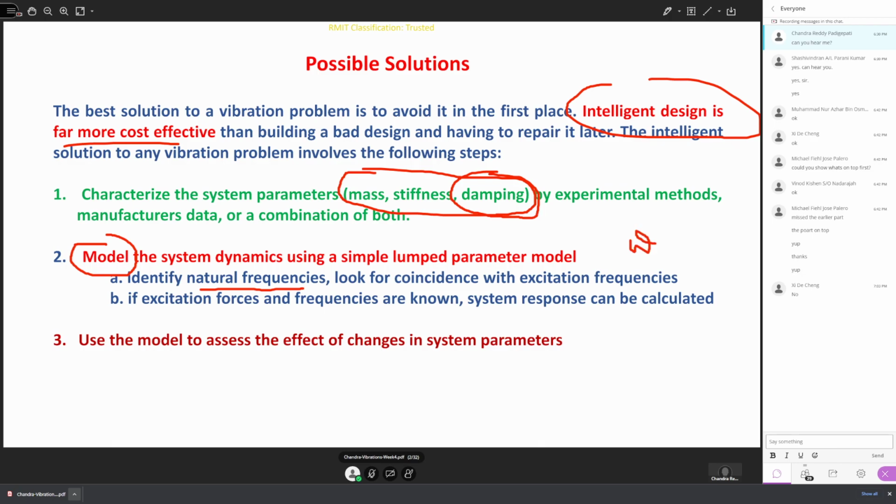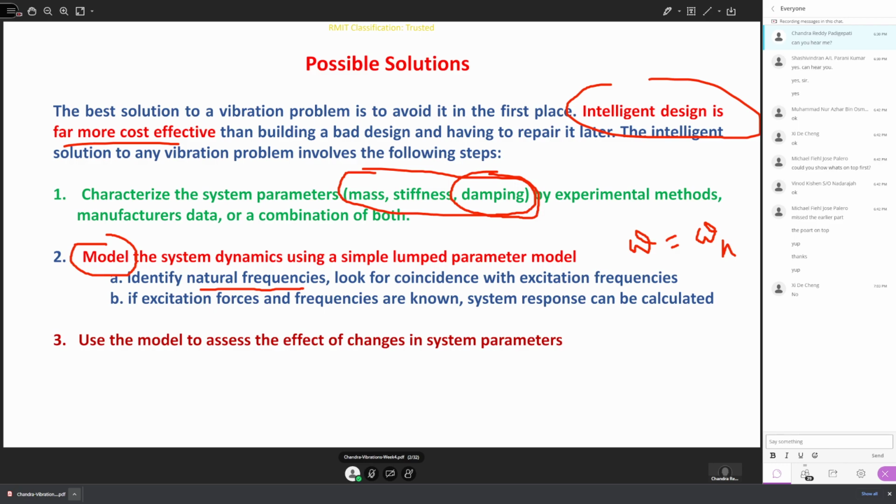We try to avoid the external frequency omega equaling the natural frequency of the system. When omega becomes omega n, resonance takes place, and in resonance the amplitude magnifies. That means the vibration becomes much more violent in terms of amplitude. So the amplitude actually doubles.